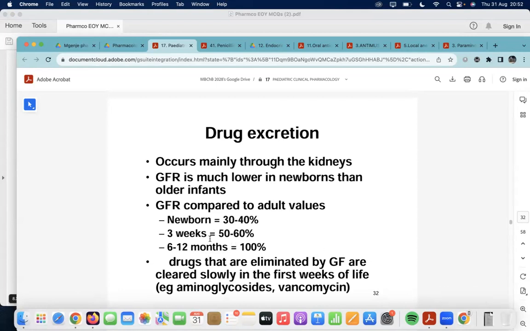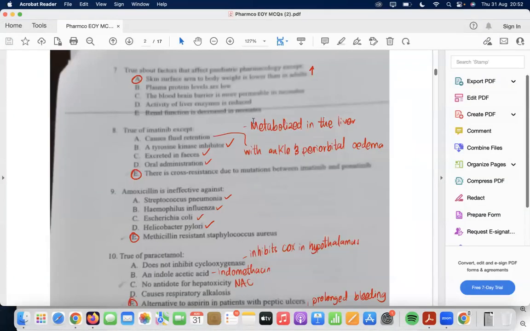So from 3 weeks going backward, there are fractions of the GFR values in an adult. So yes, renal function is reduced in neonates because of the GFR being percentages of the adult.